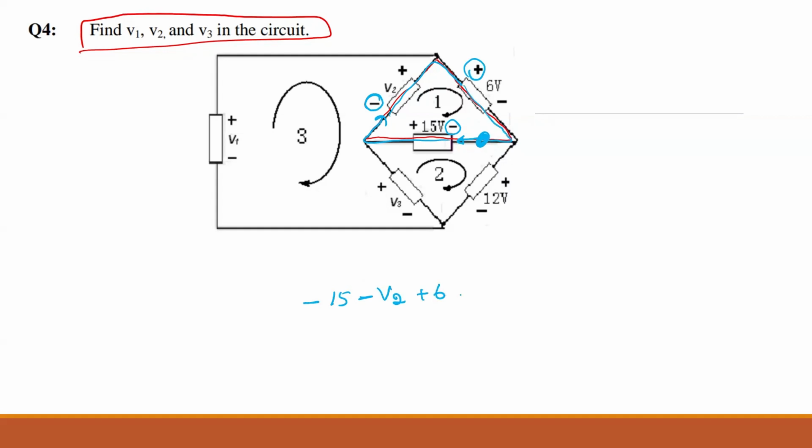And you're coming back to this point, equals 0. And you can now find V2. V2 is equal to negative 15 plus 6, which is negative 9 volts. Does that make sense? Yep. Can you find me V3 and V1 as well? Just find V3. We'll do V1 together.